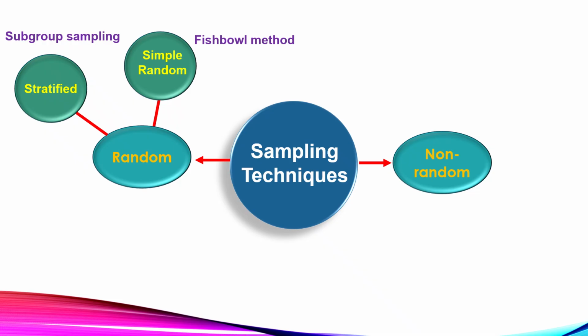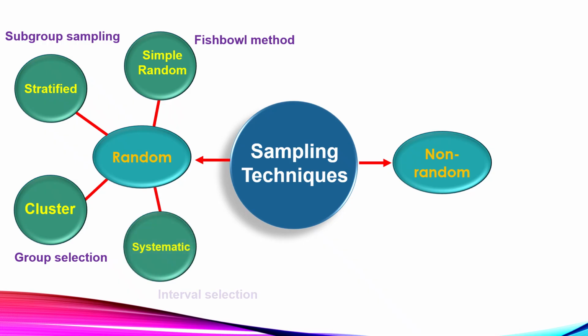If you say proportionally, the bigger the subgroup, the more samples that you collect from them. And then we also have cluster sampling. It's called group selection. You are not selecting only participants but the entire group. So you randomly select the entire group. If there are 5 groups, you are going to draw lots from those 5 groups, and for the selected group, all the participants in that group will be included.